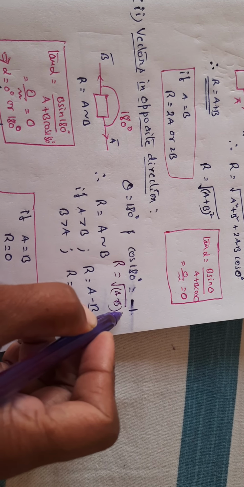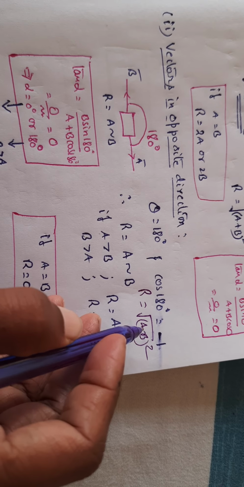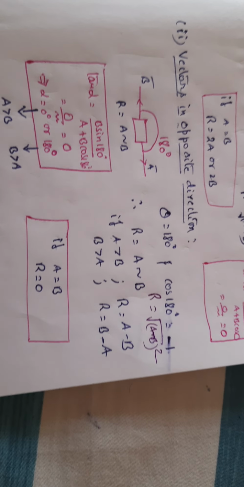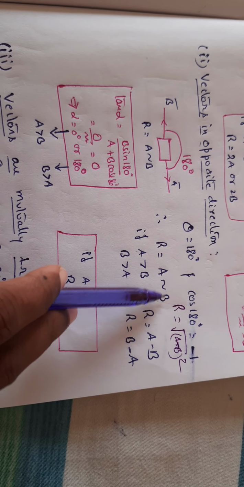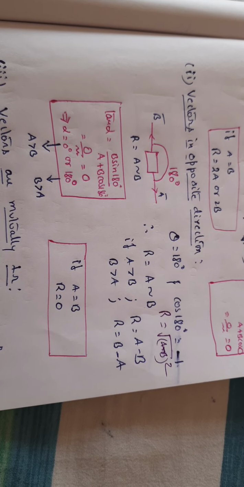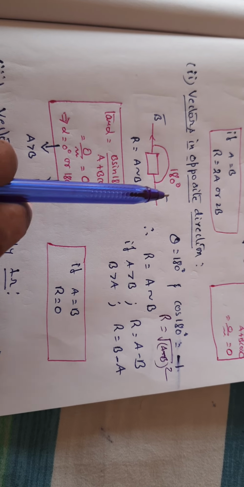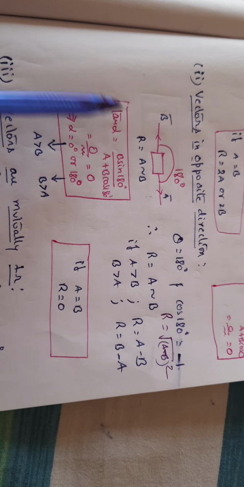Now you can't decide whether it is A minus B or B minus A. Yes, is it not? It can be A minus B or it can be B minus A. Thus I am writing it as just A difference B. That is what we have seen in the beginning of this video. 5 newtons here, 3 newtons here.